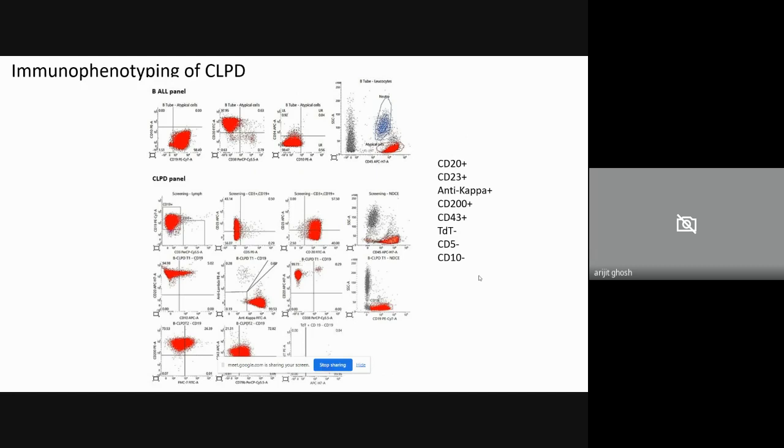That is why it was diagnosed as a CLL case, CLPD case. Now, at last let me tell you what are the basic advantages.